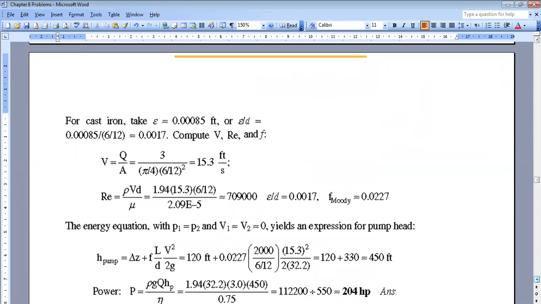Okay. So as we said, we have P1 equal P2, V1 equal V2. So I will simplify. Since I didn't write it here in detail, I will do it. Okay.